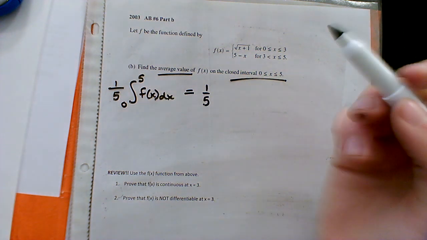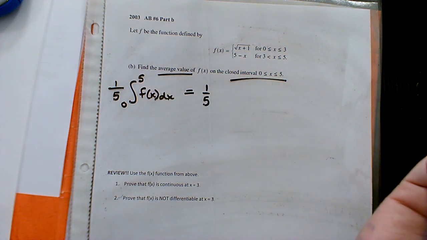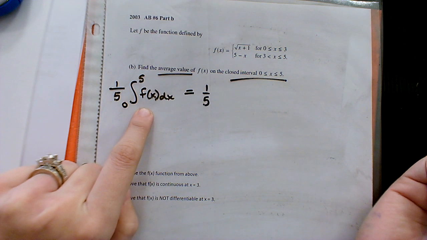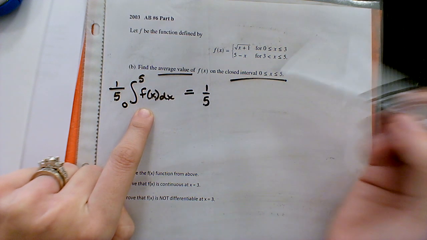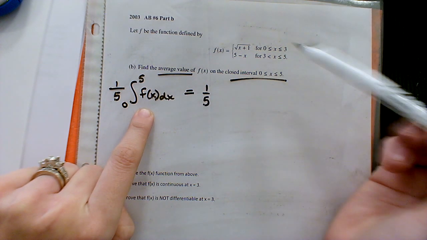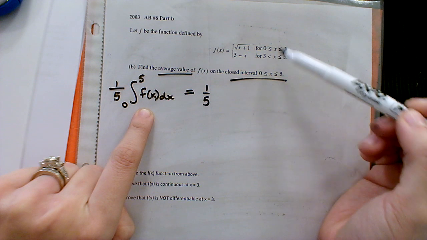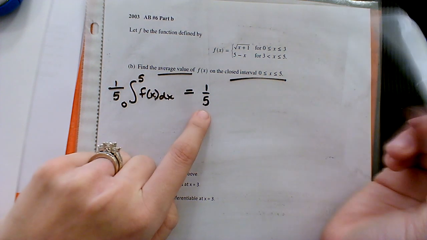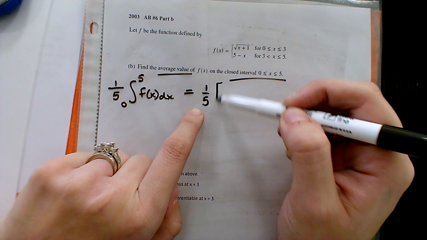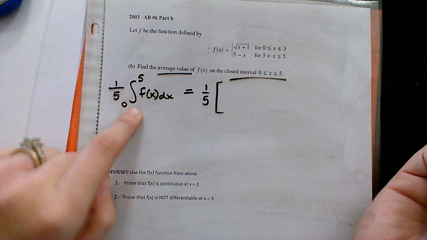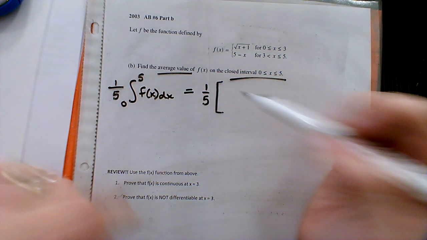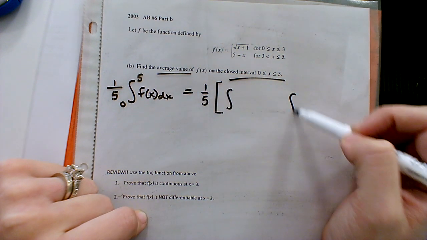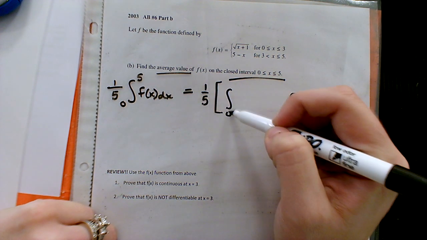You have an idea, Megan? Can you change that interval from 0 to 3 and 3 to 5? Notice how we need the overall interval to be from 0 to 5, but within that interval we have two separate ones. So we're still going to need the 1/5, but we're going to change this integral from 0 to 5 into two separate integrals.